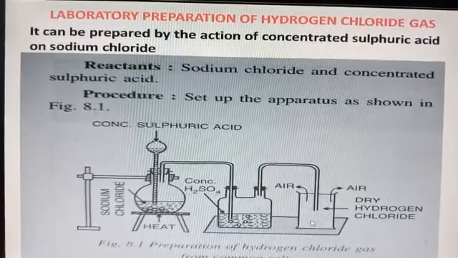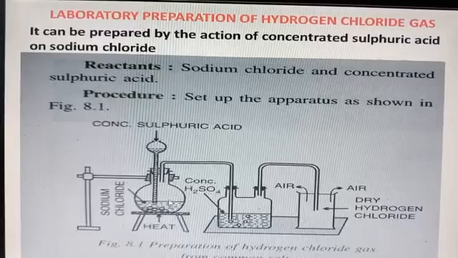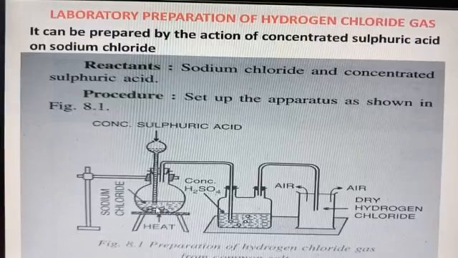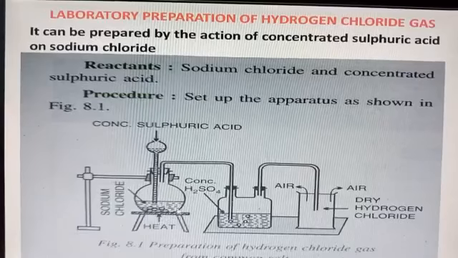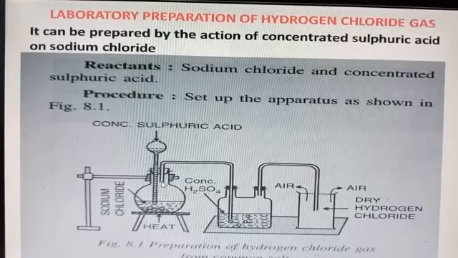So let me repeat again what we do. First of all, we keep sodium chloride or table salt in a round bottom flask, and then we add concentrated sulfuric acid through the thistle funnel, and in the cold the reaction starts slowly. Then when you start heating, the reaction takes place very fast and there is evolution of gas. The gas that is evolved is hydrogen chloride gas, but the gas is still moist.